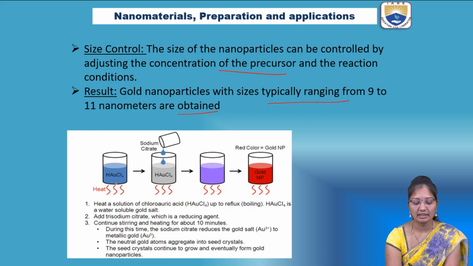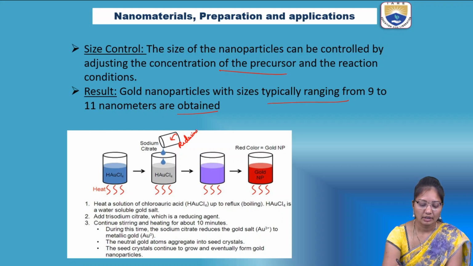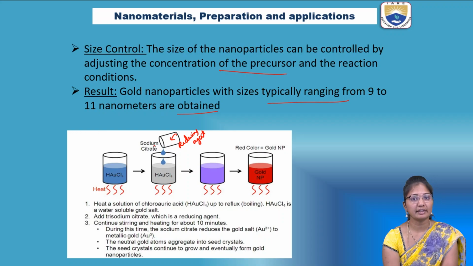So the first thing is here the gold precursor is going to be heated. The next step is the reducing agent. The reducing agent may be sodium citrate, sodium borohydride or hydrogen. So this acts as a reducing agent.